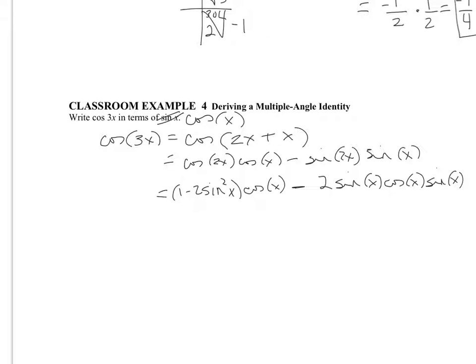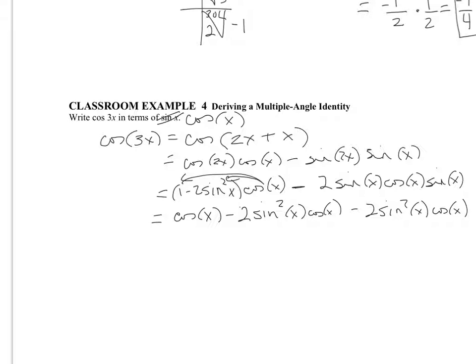Because here, I've got to use the distributive property, don't I? So that's going to turn into, tell me what to write. Cosine of x, because I'm distributing cosine of x through this first parentheses, minus what? 2 sine squared of x, cosine of x, right? Minus 2 sine squared of x, cosine of x.